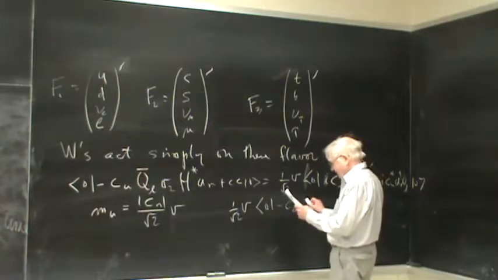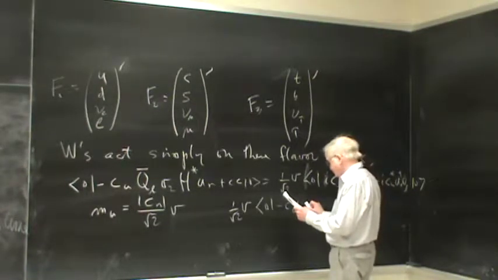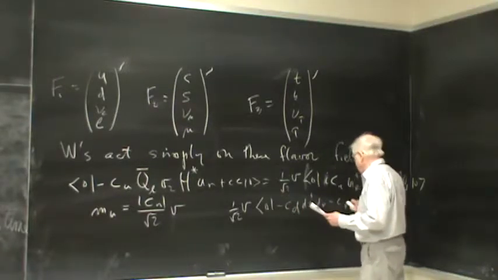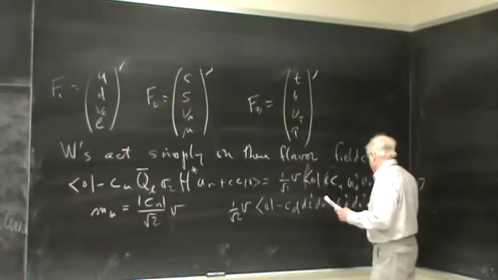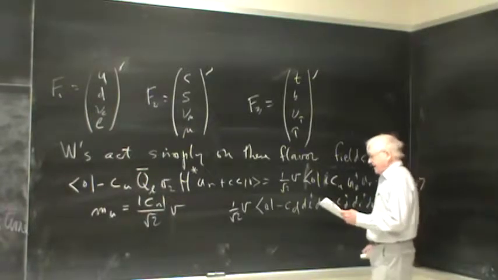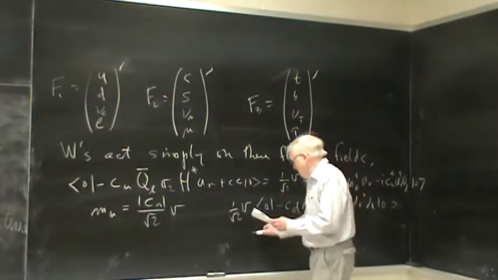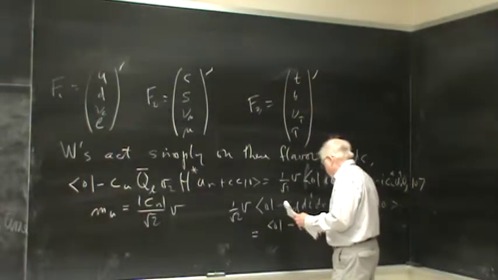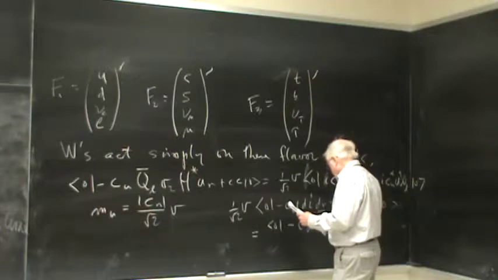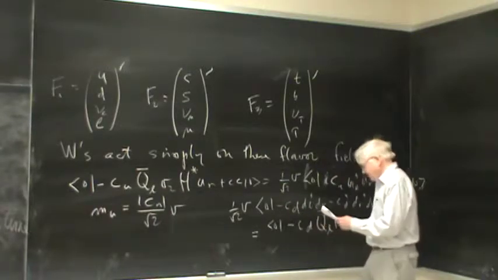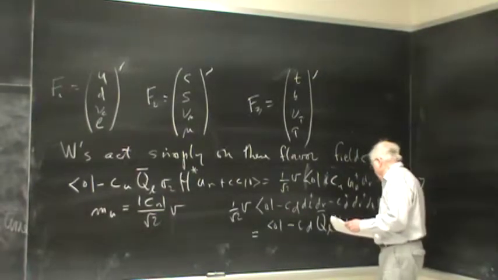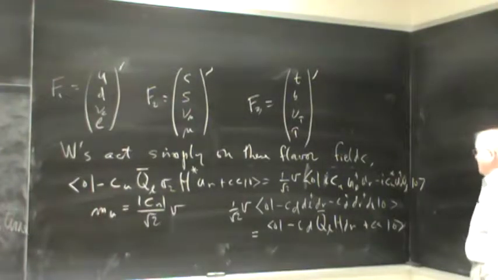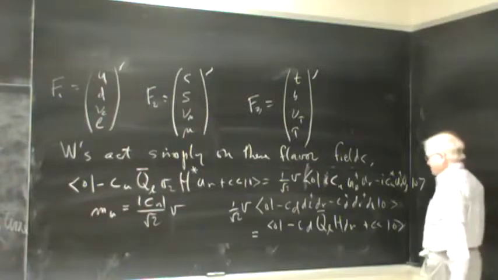And this was d left dagger d right minus C_d star d right dagger d left, like that. And this came from a simpler structure. The simpler structure was minus C_d, Q bar left, Higgs, d right plus Hermitian conjugate or complex conjugate. And so this is the simple case.